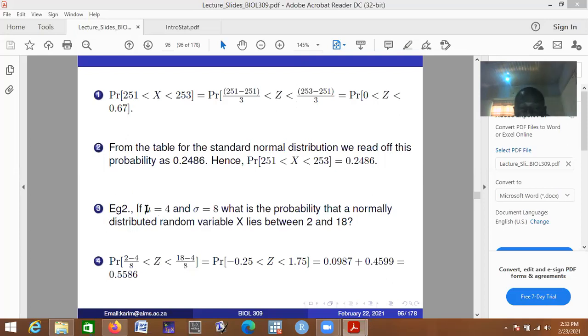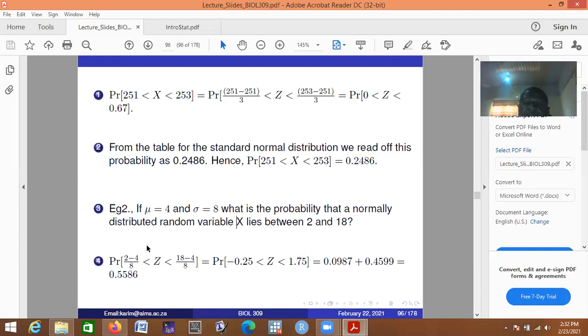Under example 2, assuming the mean from your data is 4 and the standard deviation from that data is 8. We want to find the probability that a normally distributed random variable lies between 2 and 18. So if you have a mean from your data set to be 4, and the standard deviation is 8, we want to find the probability that a normally distributed random variable x lies between 2 and 18.